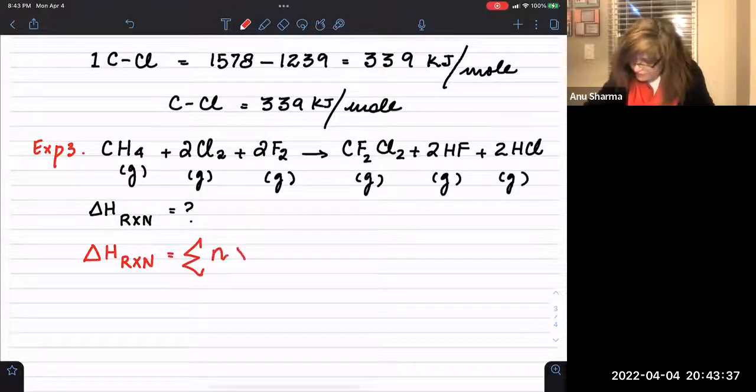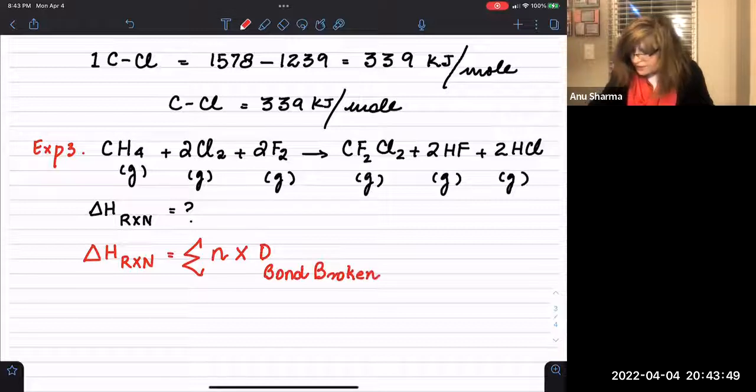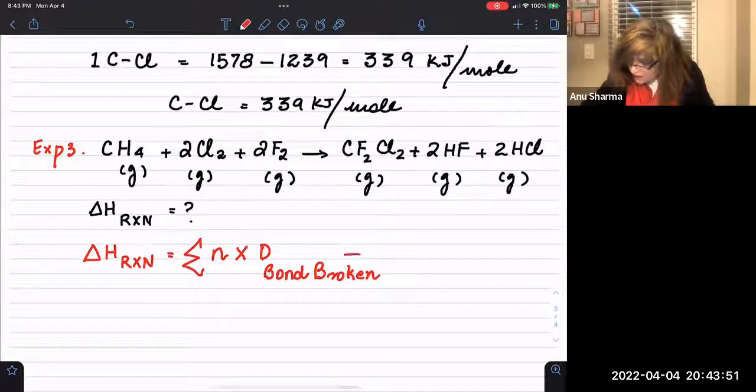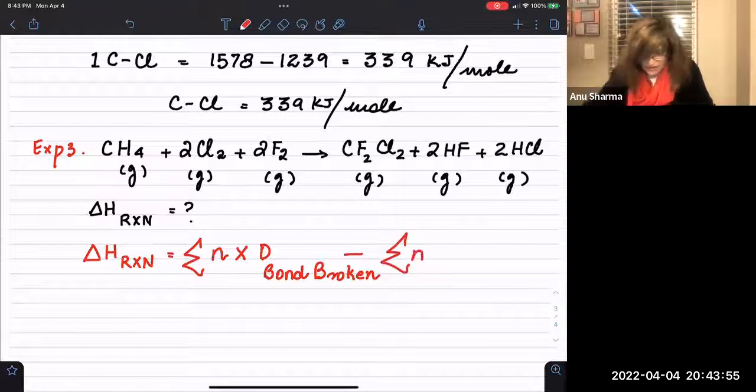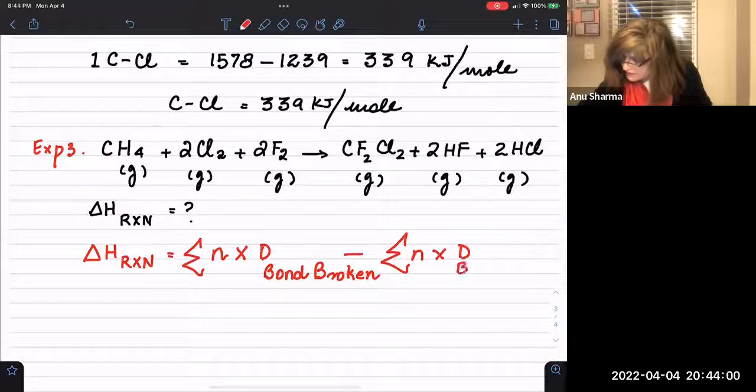D stands for the bond dissociation energy. So bonds broken, which means the reactants, minus the sum total of the number of moles times the D of the bonds formed.